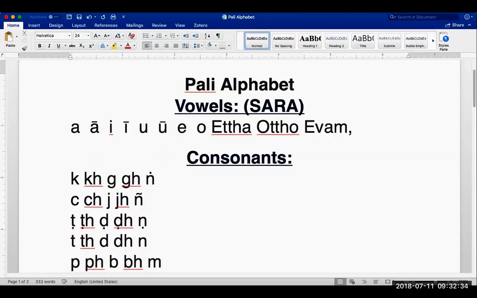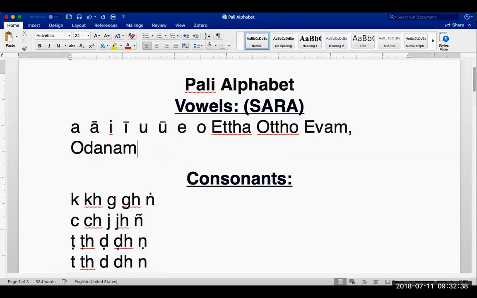Like odanaṃ, right? So if we say odana or odanaṃ, here we only have a single consonant. Here also we have only a single consonant. Here we have a double consonant. Here we have a double consonant. So now you can see the difference, right?